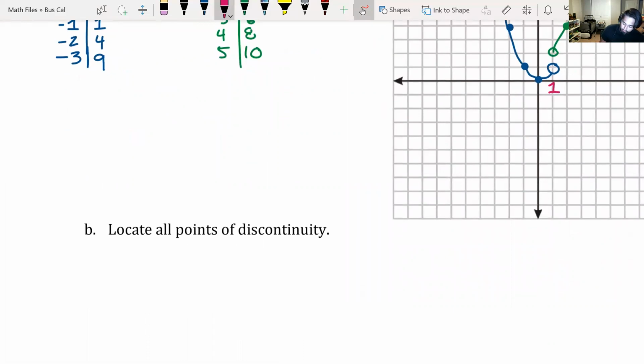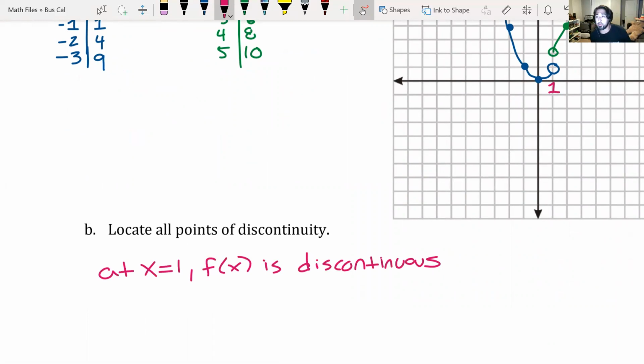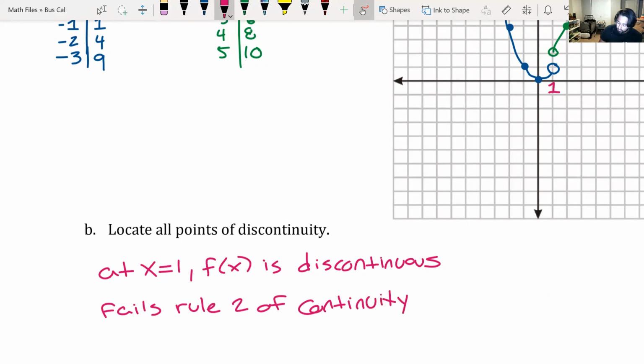So we know at x equals 1, f of x is discontinuous. And we don't even have to prove it by the limit. We can go to rule 2. It fails rule 2 of continuity. Remember that rule says f of c exists.